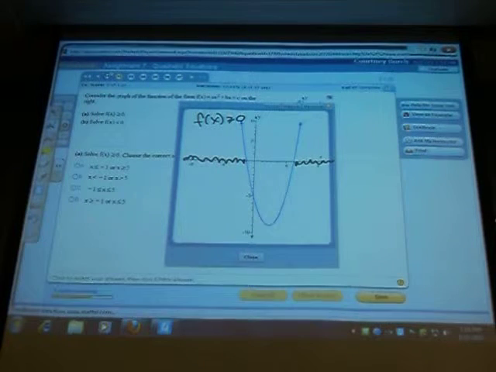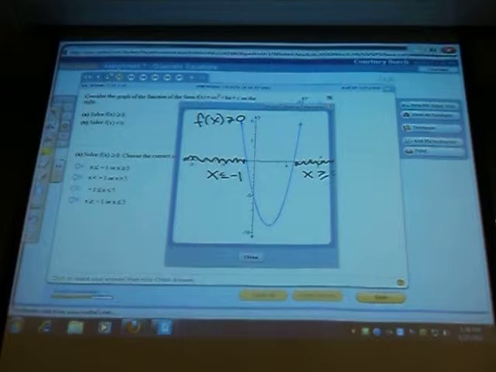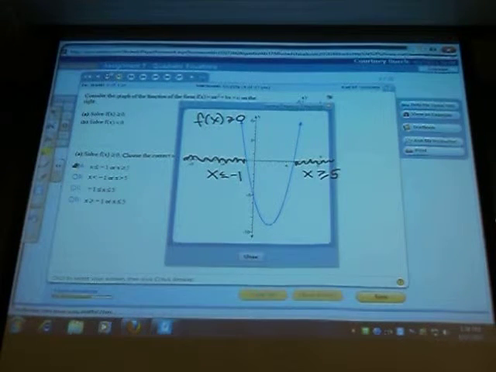It's greater than. Alright, and you guys can pick one based on the left side here, I have x is less than or equal to -1. Right side I have x is greater than or equal to 5.